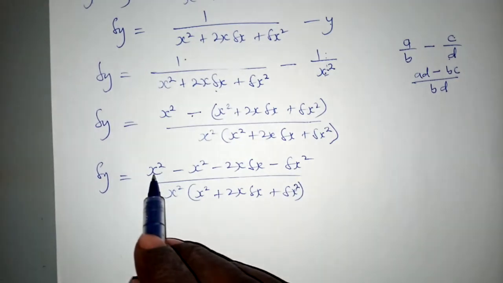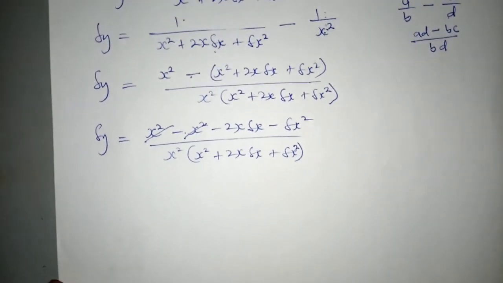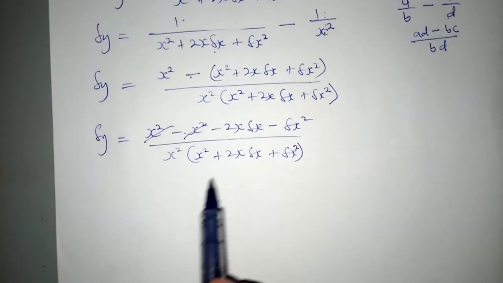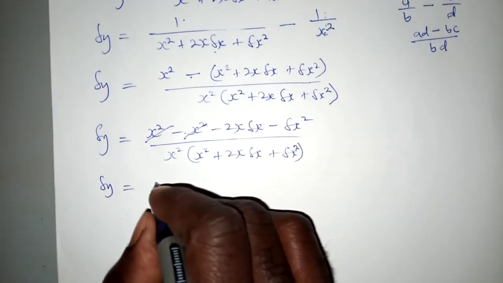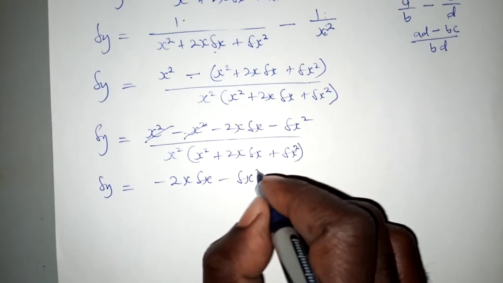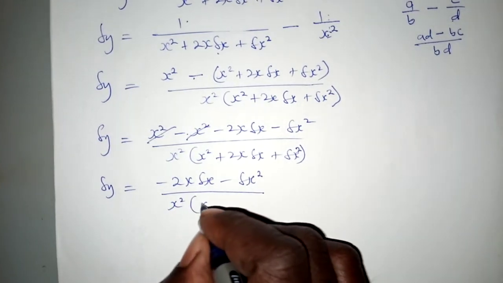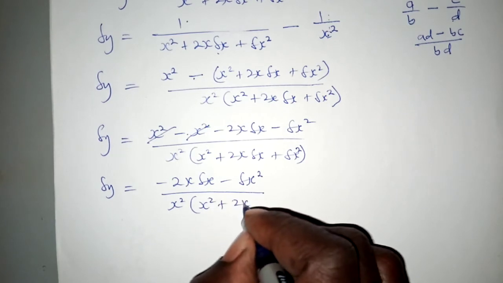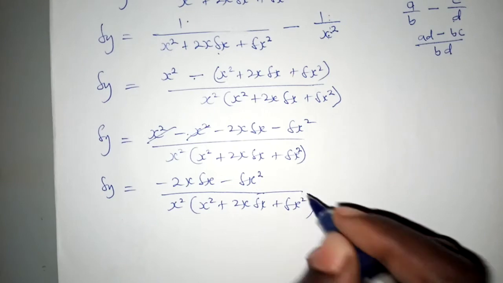So we have x square minus x square, so this will cancel out. Then we have delta y is equal to minus 2x delta x minus delta x square, everything all over x square into x square plus 2x delta x plus delta x square.